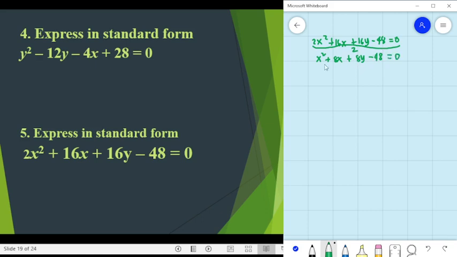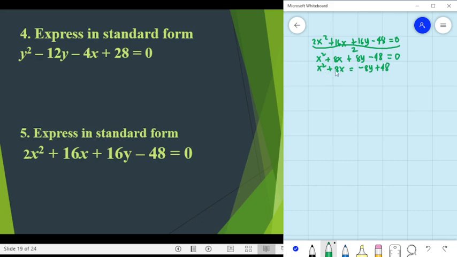Okay, so these two terms, x is squared but y is not squared, so y should be transferred to the other side. So we have x squared plus 8x equals -8y plus 48.